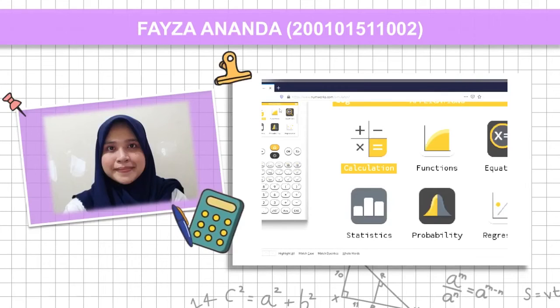Here I use a graphing calculator to make sure the graph is right. This is what the online graphing calculator looks like.